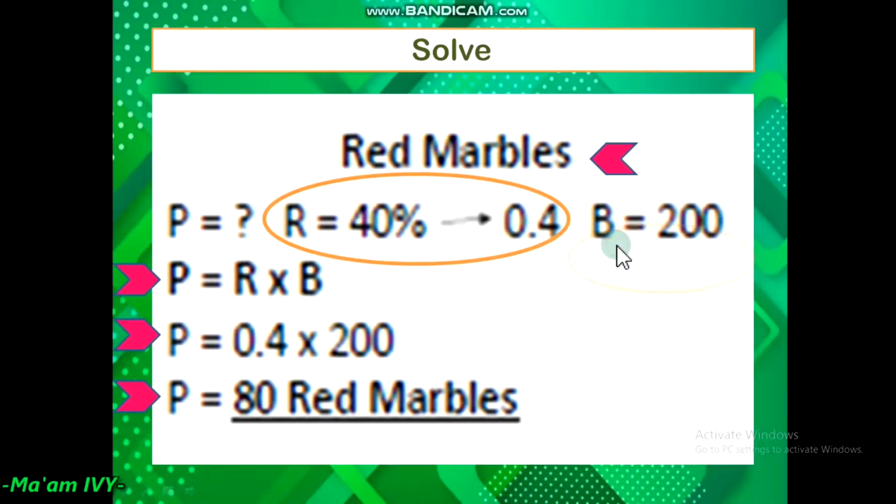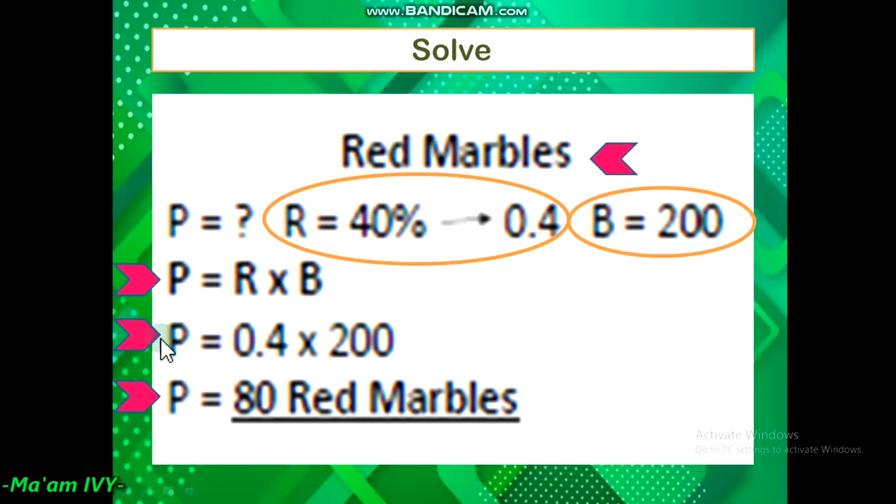Next given is the base, which is 200. This is the total number of colored marbles. And then we use the formula P equals R times B because we are looking for the percentage of red marbles.